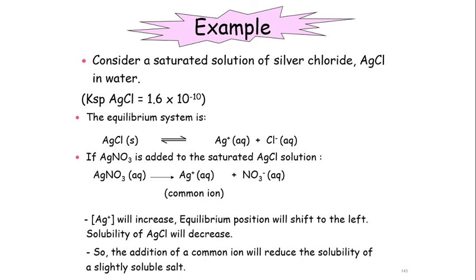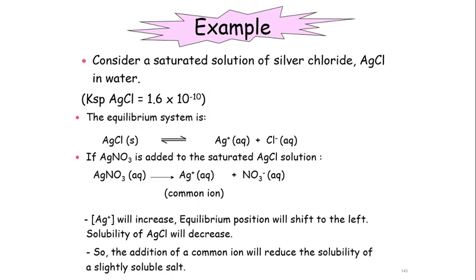When AgNO3 is added, we will have a common ion, which is Ag+. This will make the concentration of Ag+ increase. This means that we have a lot of Ag+ at the side of the products.